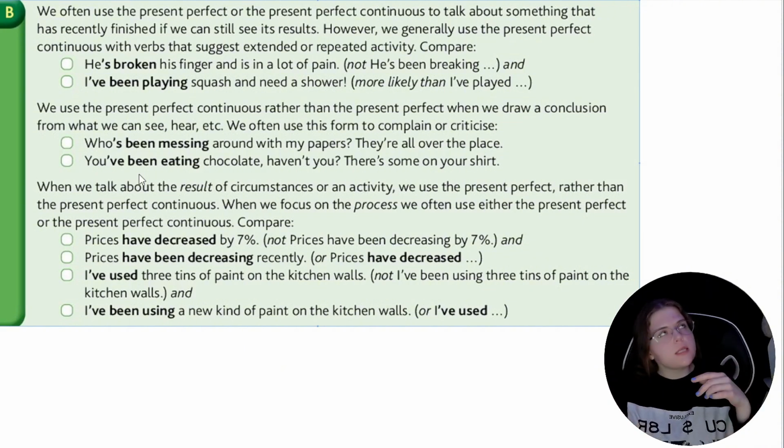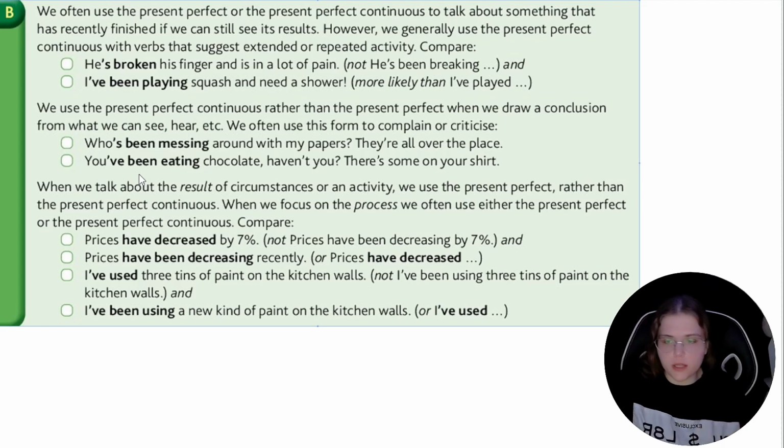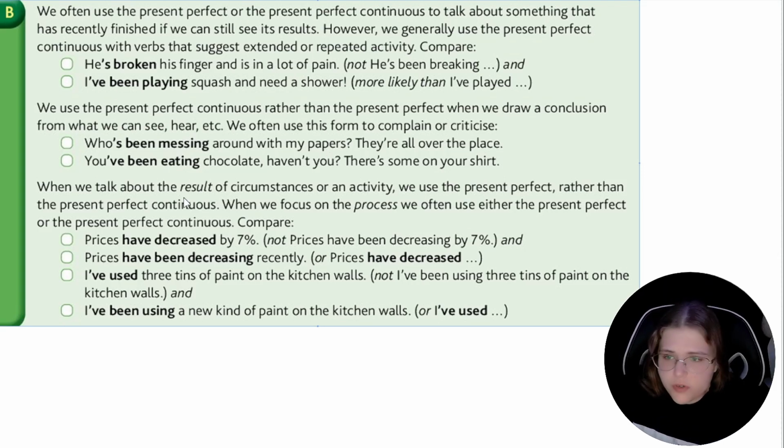The person was eating and enjoyed it, and something like that. Here we have to use the present perfect continuous. But if you don't remember, you can use just present perfect. You have eaten chocolate, haven't you? It's still correct in this case.